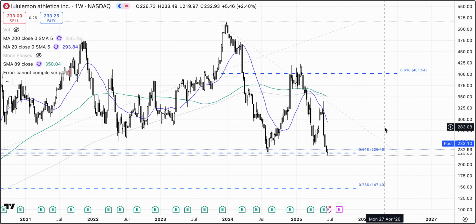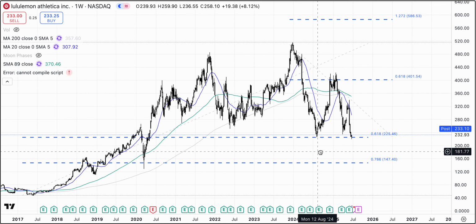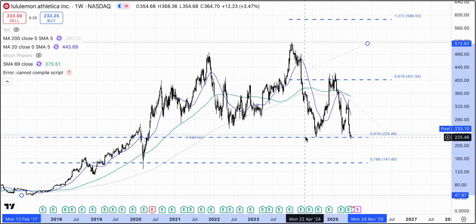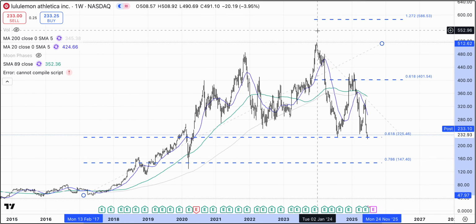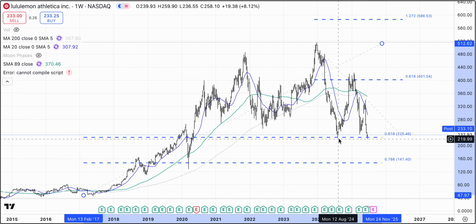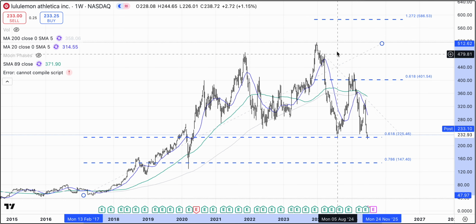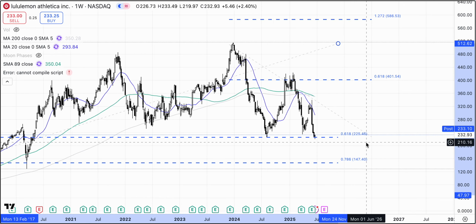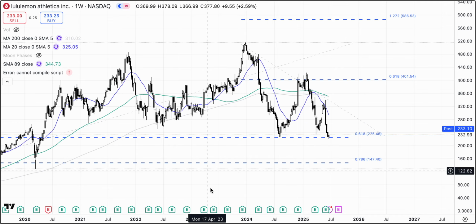Let's have a really quick look at Lululemon. So the Lululemon stock had a massive rally right here, and it's just been declining. The decline stopped at the 61.8% retracement and rallied right into the 61.8% retracement, and now where it is, it's got a potential for a double bottom. Here, this is the weekly chart.